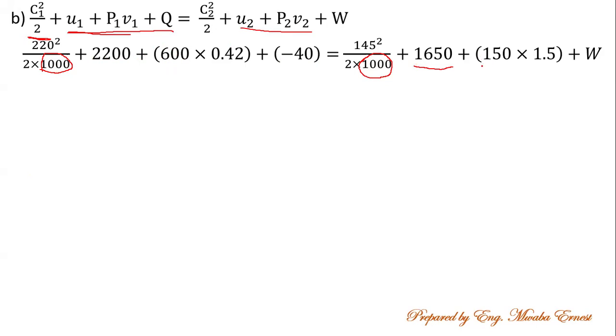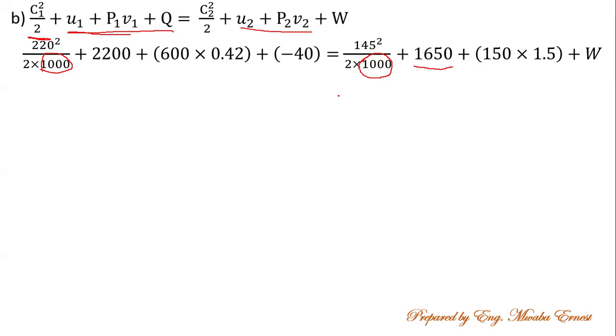So you can see converting 1, 2, 3, 4, 5 factors instead of just putting the 1000 in 2 positions. That part can be quite long, and when you involve such lengthy work, it exposes you to easily making a mistake along the way. So this is smarter because you know that your final answer will also end up being in kilojoules.